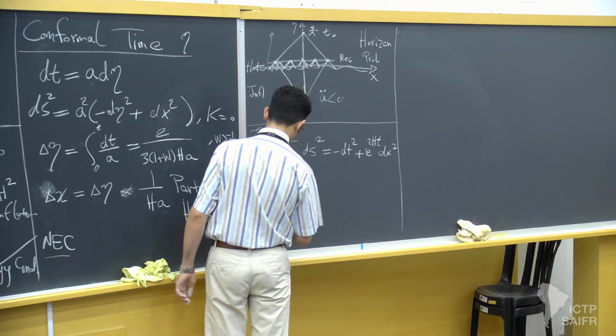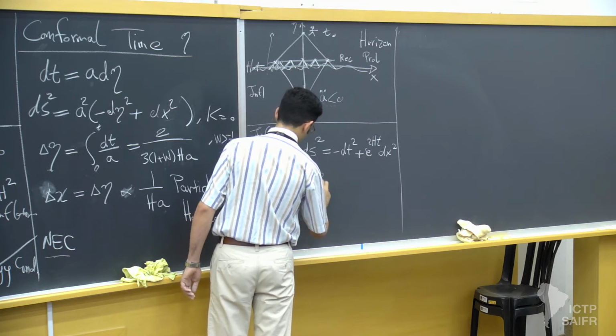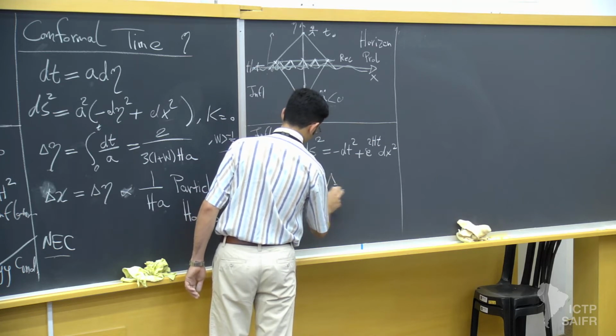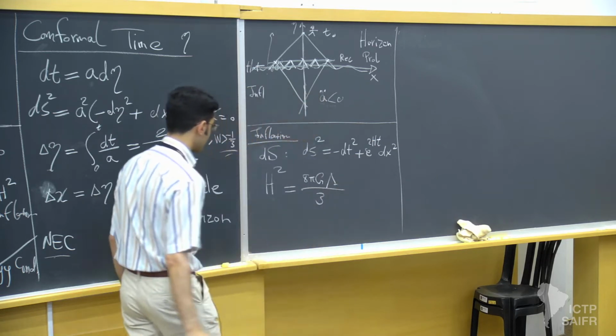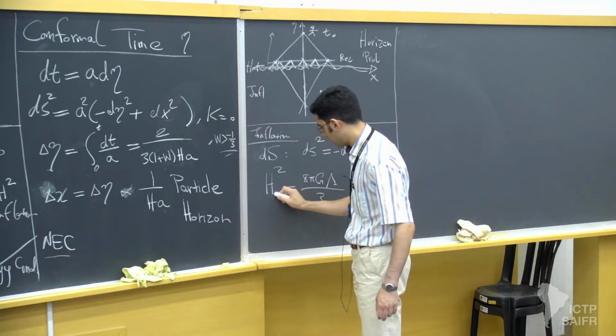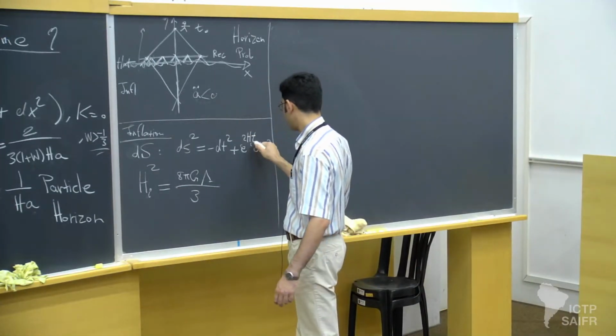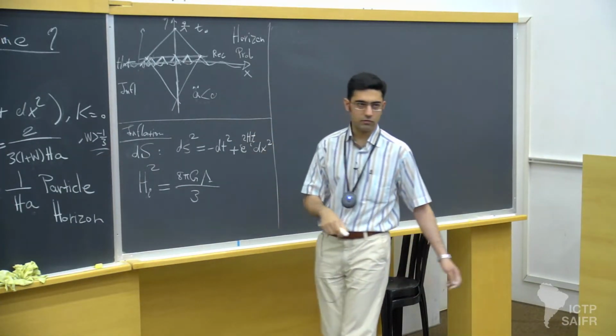So H squared is a constant given by 8 pi G lambda divided by 3. This is H inflation.